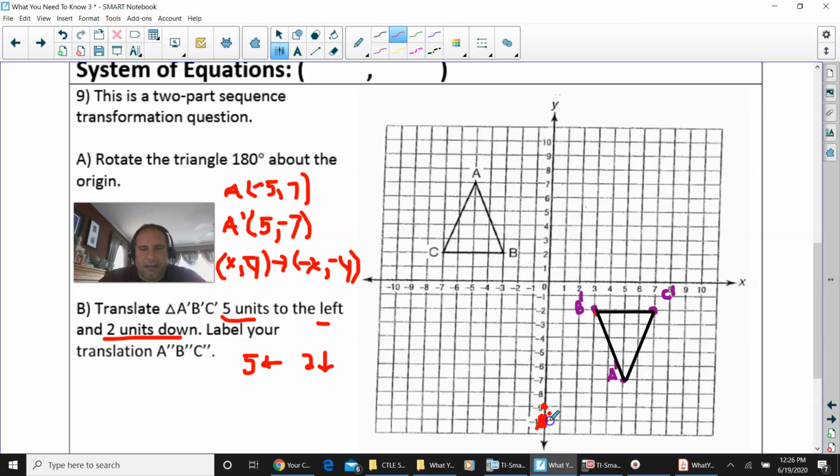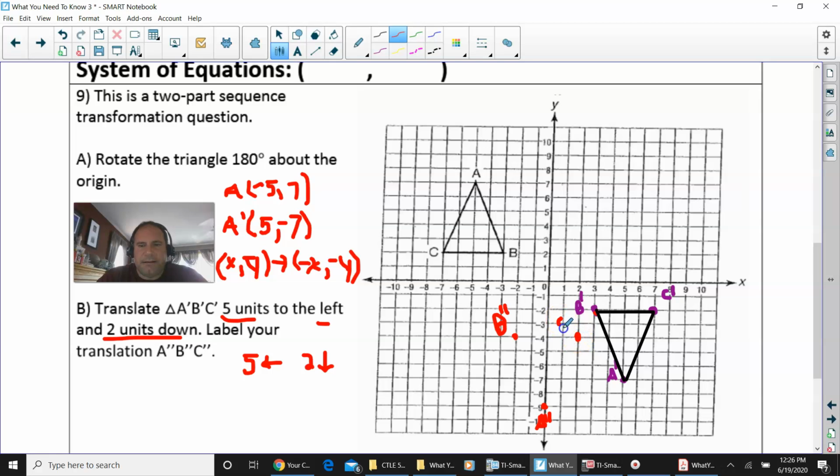It's the second thing that I'm doing. I have A double prime. So B is 5 to the left, 1, 2, 3, 4, 5, and 2 down, 1, 2. And you put a B double prime. And C is 1, 2, 3, 4, 5, and 2 down, 1, 2.